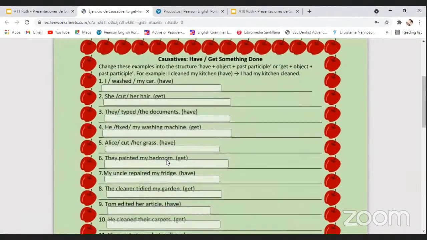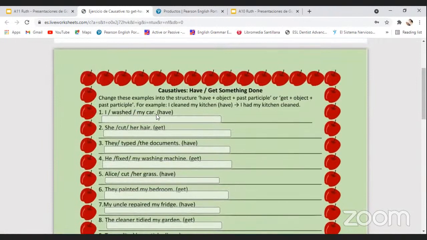Like in the first one, it says I washed my car, for example. The verb is a regular verb. Then how do we know if it's in the past simple or in the past participle form, to use have or had? It depends on the structure and the auxiliary that you're using.